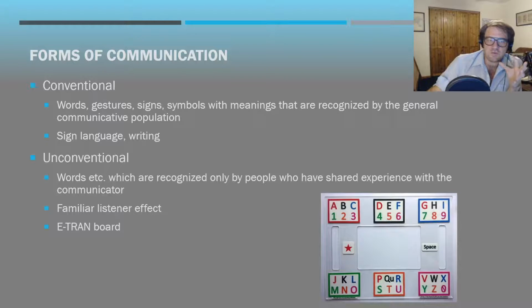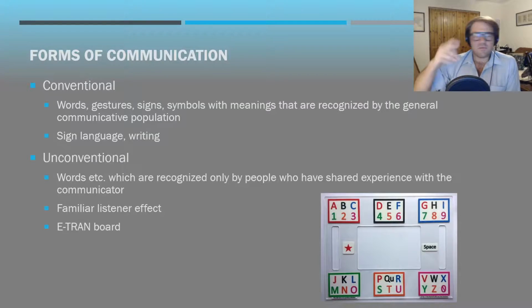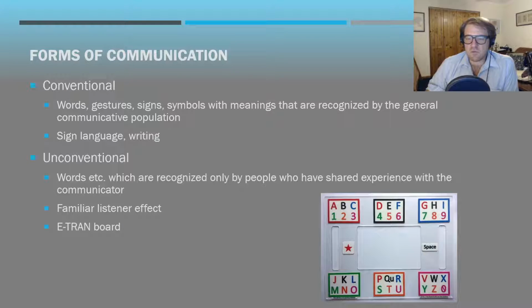So the general communicative population, like you may be in a situation if you're using sign language where you are with other people who do know sign language. And so it's conventional, right? If you're saying that sign language isn't conventional just because the majority of us don't speak sign language, that's also like saying, oh, Spanish is an unconventional form of communication because, I don't know, 75% of the United States doesn't know how to speak Spanish.